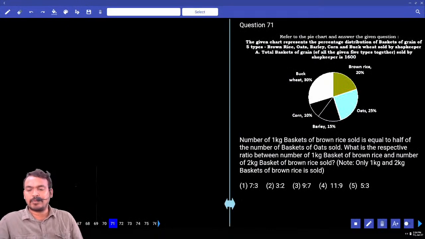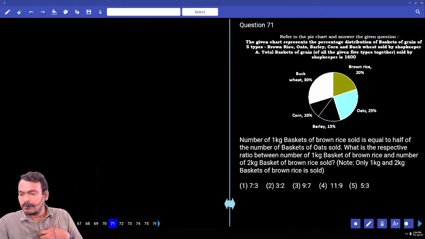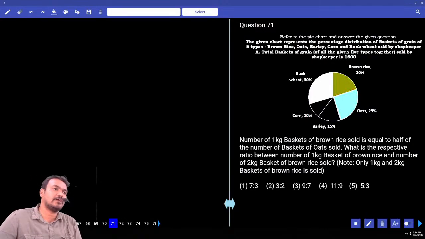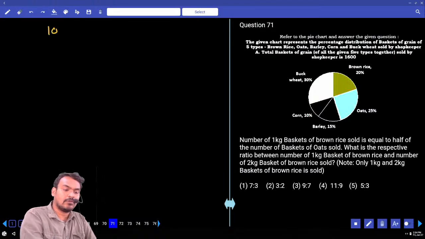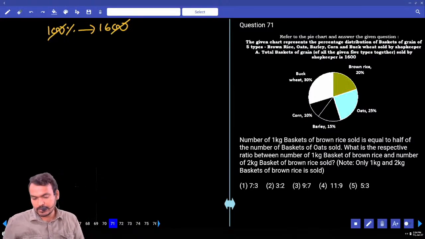The given chart represents the percentage distribution of baskets of grain of 5 types: brown rice, oats, barley, corn and buckwheat sold by shopkeeper A. The total baskets of grain of all 5 types together sold by the shopkeeper is 1600. In the pie chart, all are given in percentage. The total pie chart is 100%, which is 1600. The 1% value is 16.